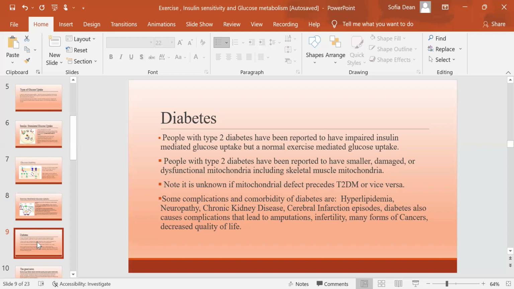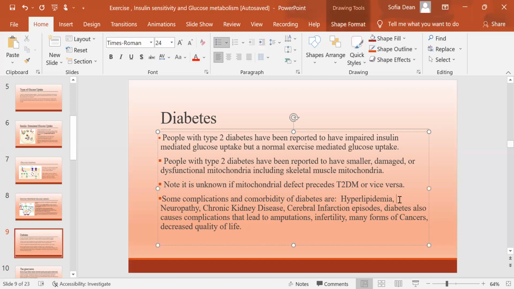Since we are so familiar with diabetes, it seems like a cycle when we see a decreased quality of life, because it's all interconnected. There might be a few different disease states going on together for patients with type 2 diabetes.